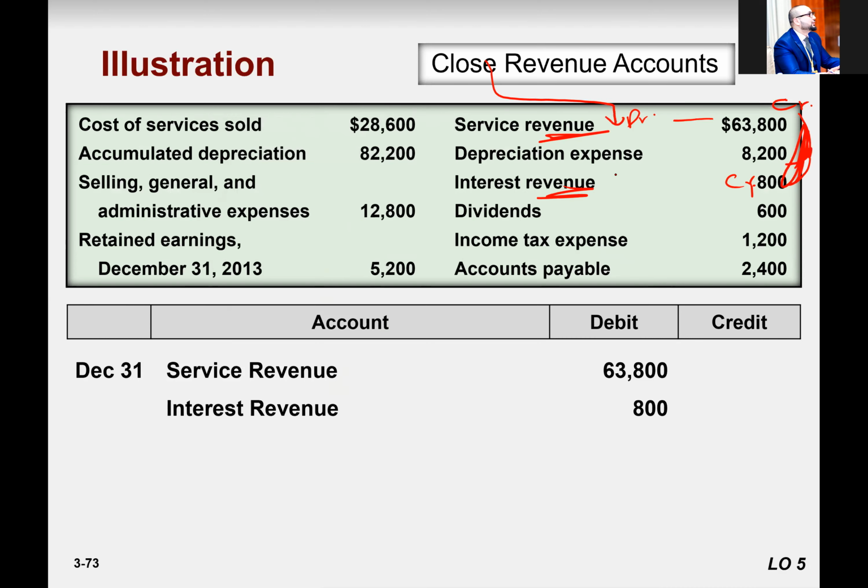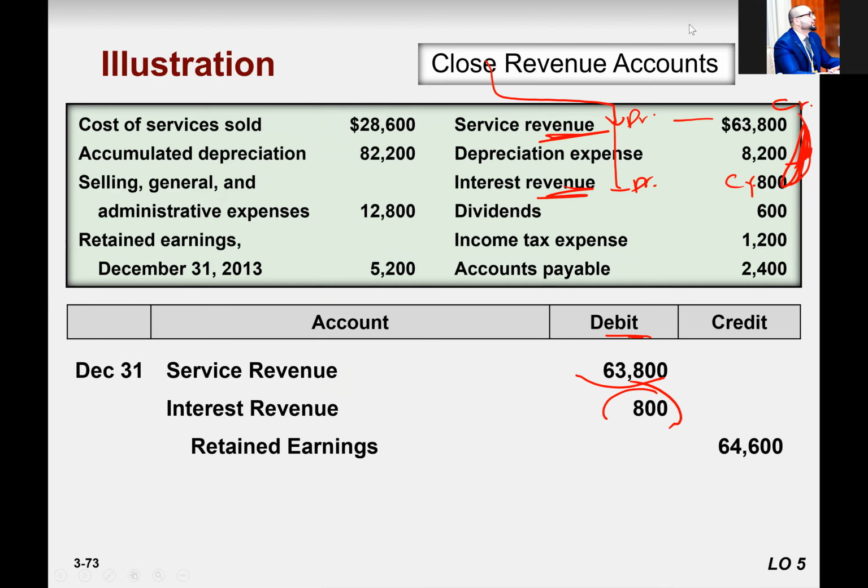Closing means debit. So debit revenues, credit retained earnings. Everyone understand that? Kathleen, Nimesh, Coco. Yes, sir. Closing means we are closing the books for the whole year. That's it. And then we start a new book, new T account for the next year.